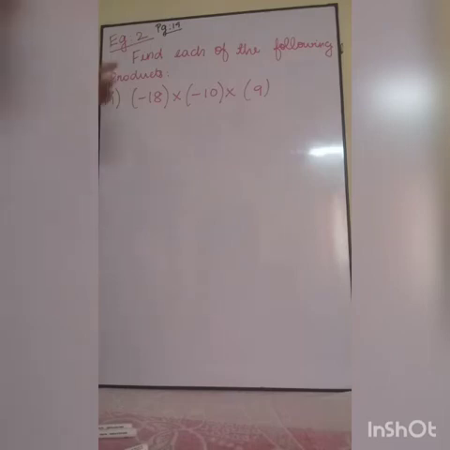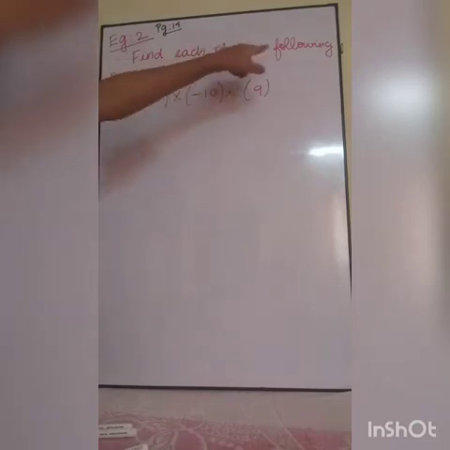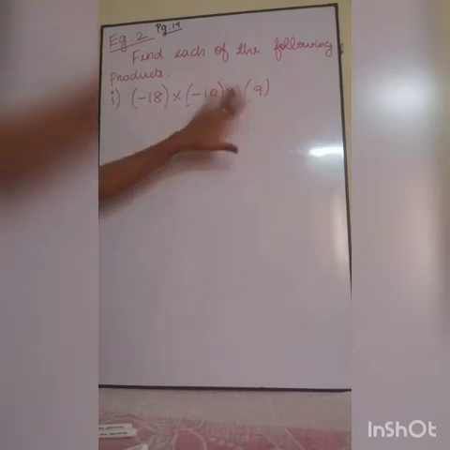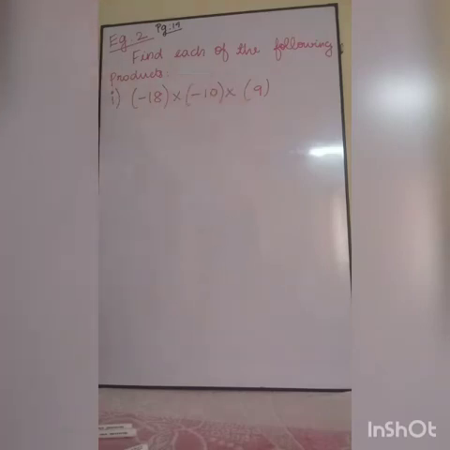First, find each of the following products. What are they asking you to find? Each of the following products, which means we have to multiply and find the answer. We have already learned that integers are closed under multiplication, commutative, associative, and so on, so using those properties you can easily solve these problems.